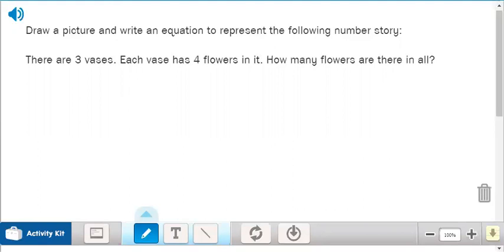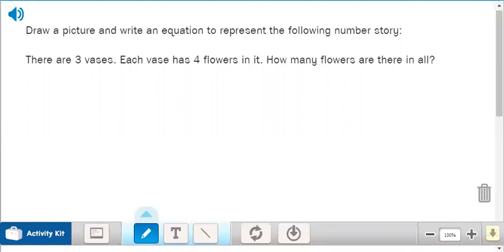Our first warm-up equation for multiplying fractions is this story problem. Draw a picture and write an equation to represent the following number story. There are 3 vases. Each vase has 4 flowers in it. How many flowers are there in all?